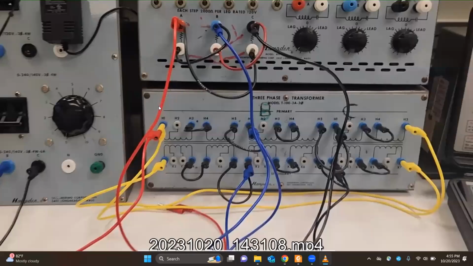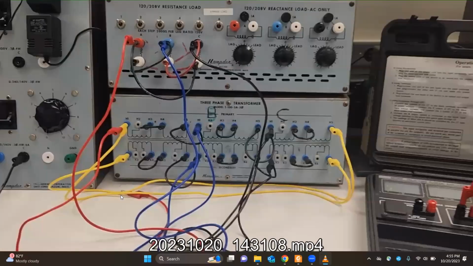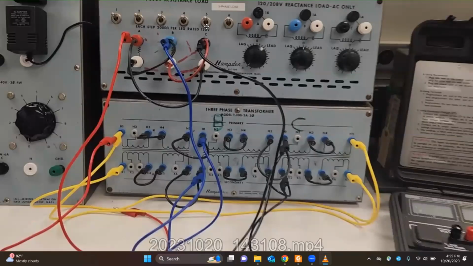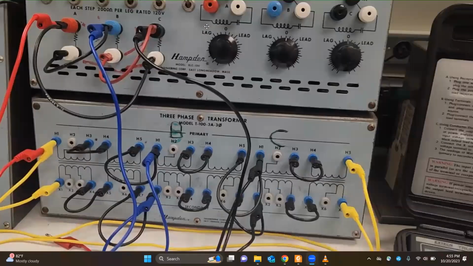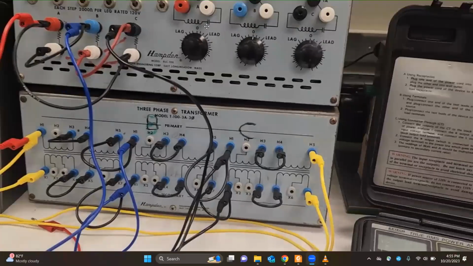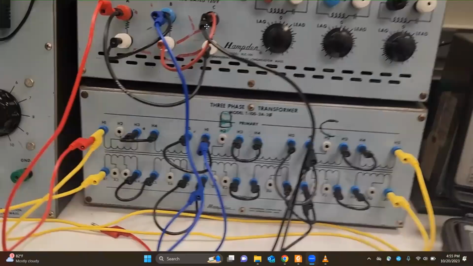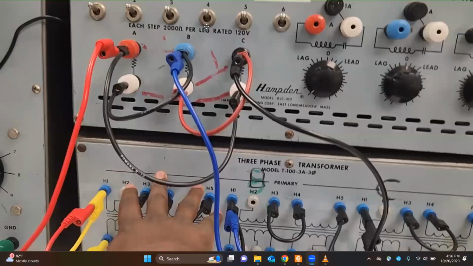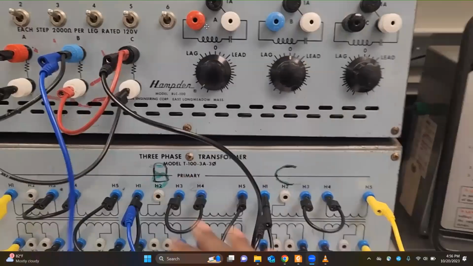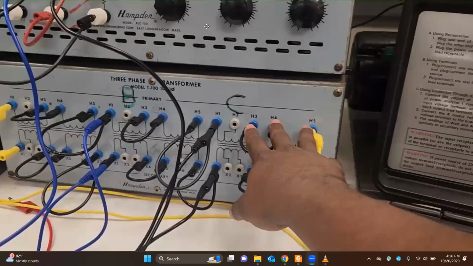Hello. So I will be talking about the demonstration of delta delta connection now. This is the first demonstration of a three-phase transformer. We have one single phase here, another single phase here, another single phase here.